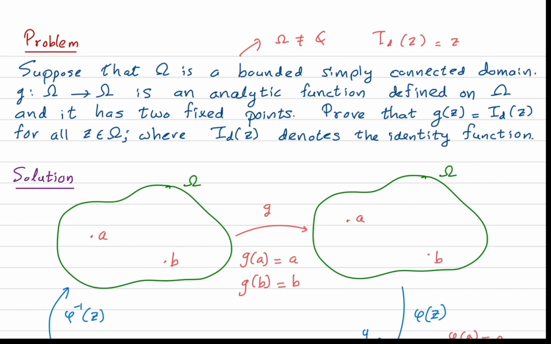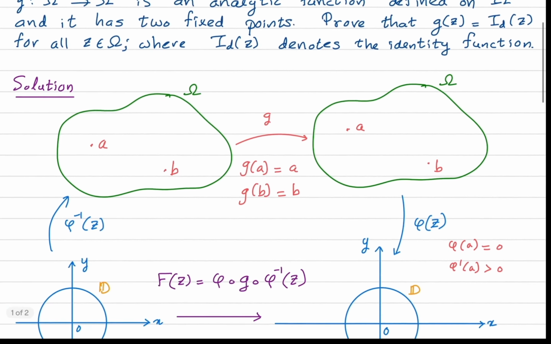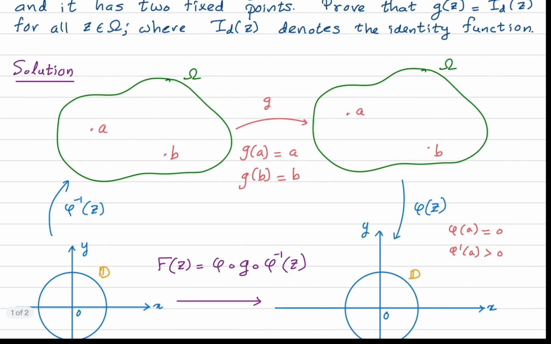So I can map this omega to the unit disk through some conformal map phi, and the image of omega under this function phi is going to be the unit disk.